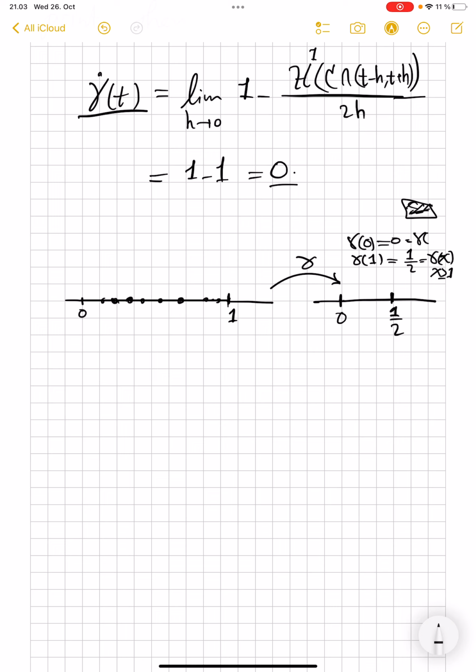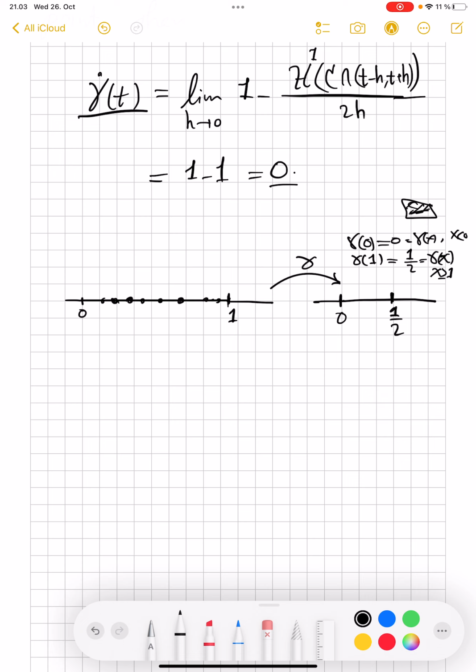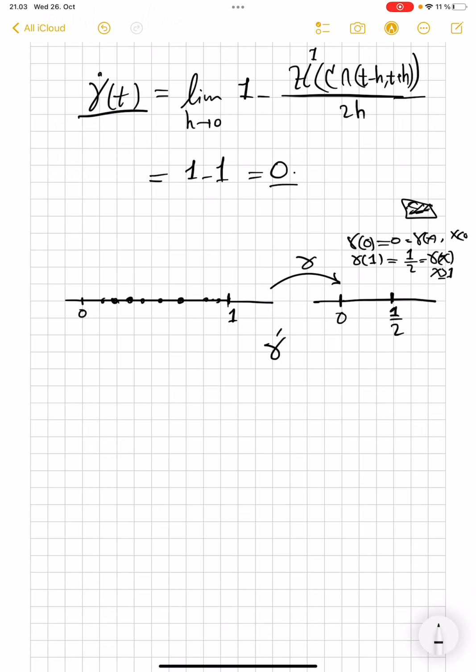And this is gamma of x for all x negative. And this is a continuous function, actually, because it's 1-Lipschitz. And then gamma prime of t is 0 almost everywhere on C.